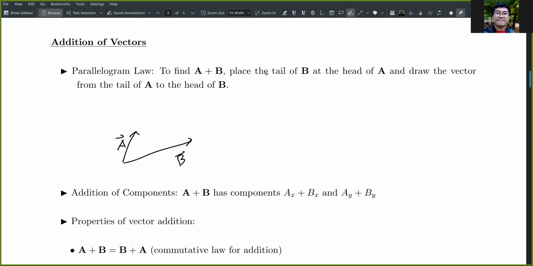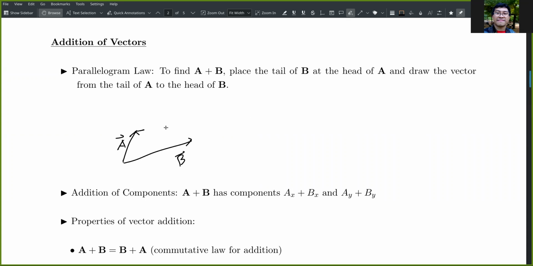We place the tail of b at the head of a, so we can translate this. Make sure that you translate it in a way that the new position is still parallel, but with tail at the head of a. So we can translate b here. They have the same length, the same direction.